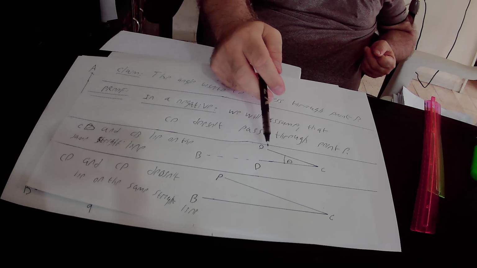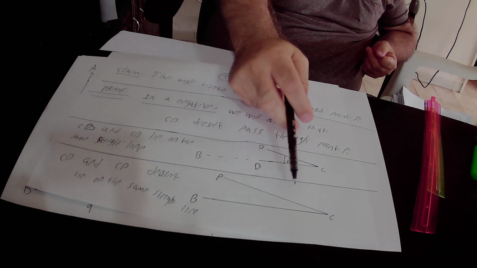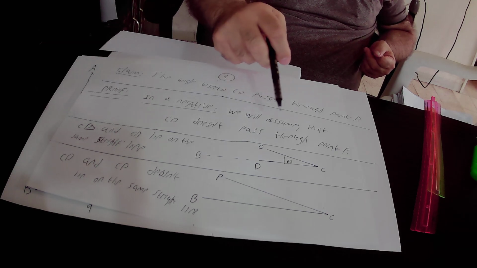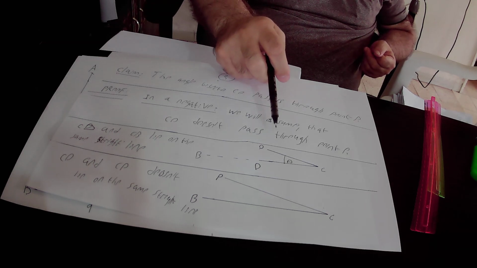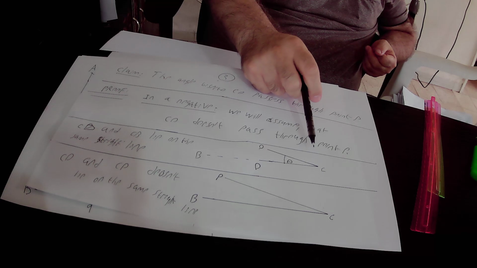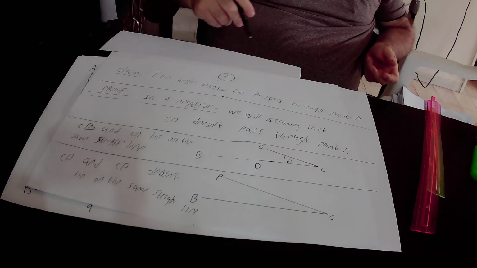That is to say, leg CD and leg BC of those two angles lie on the same straight line, while the second leg of those two angles, CO, doesn't lie on the same straight line as CP.